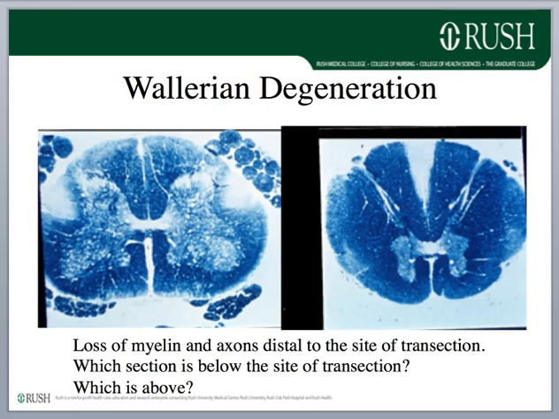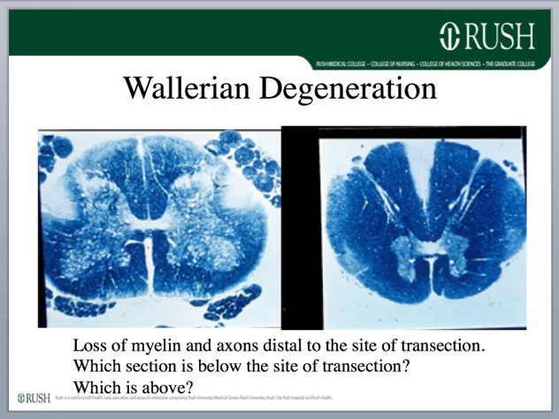Myelin, remember, stains intensely blue, so the image on the right shows a normal cross-section of spinal cord, and the image on the left shows pale areas indicative of secondary demyelination.